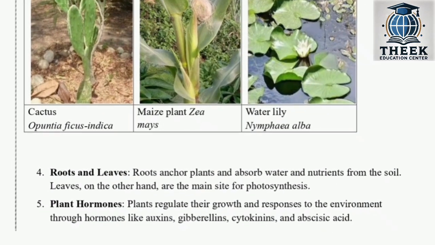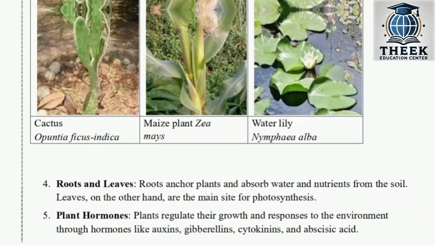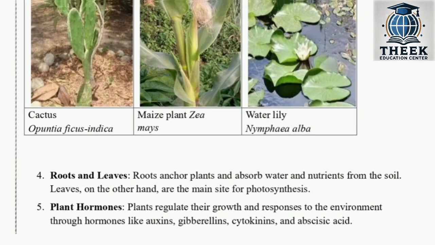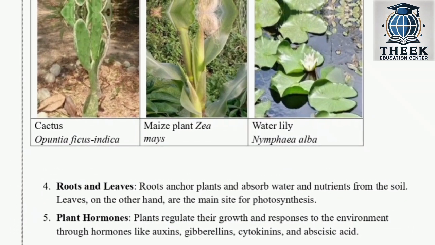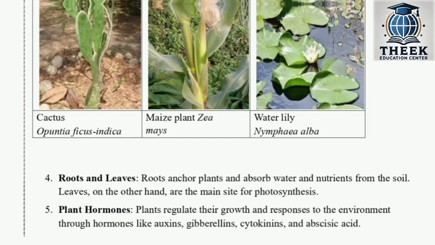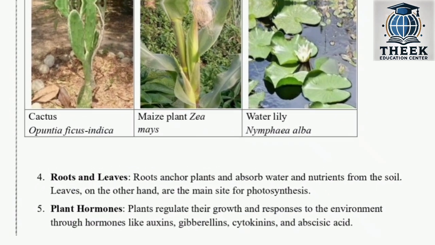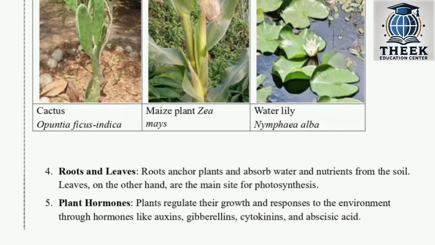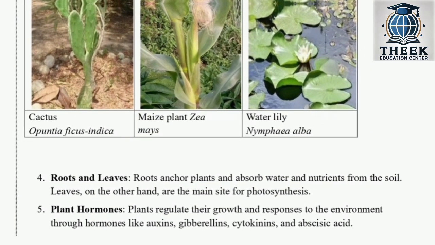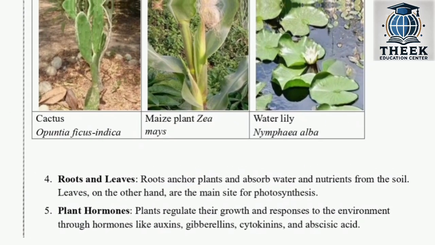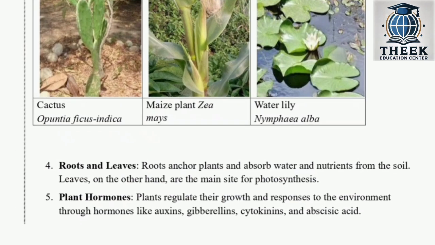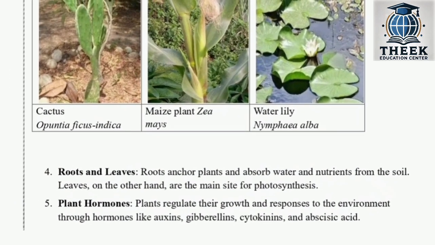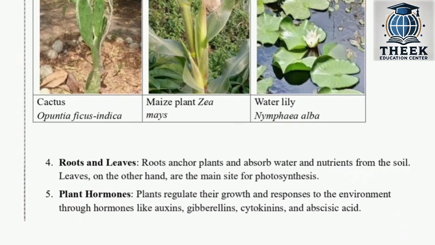We have the leaves for photosynthetic functions. Leaves are exposed to the atmosphere to carry out photosynthesis. Roots also absorb water and nutrients from the soils. The main function of leaves is photosynthesis. So leaves are there for photosynthetic function.